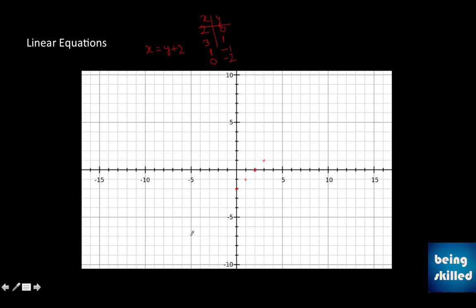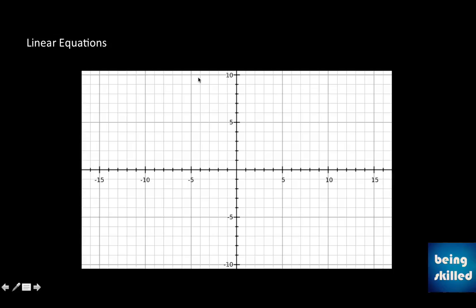So the graph will look like this. It will be a long straight line. So this is how the graph of the equation x equals y plus 2 looks.